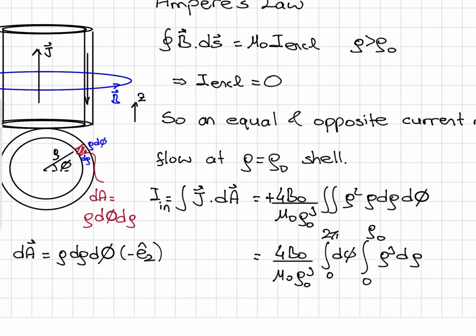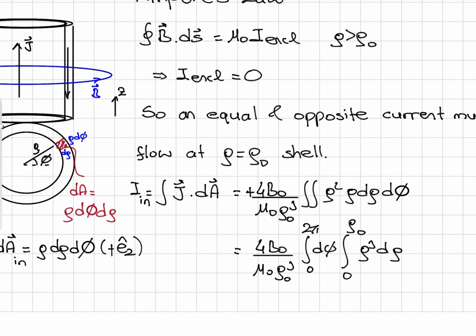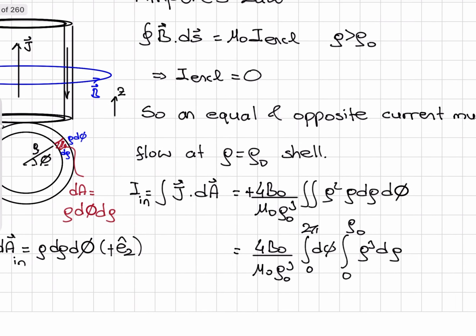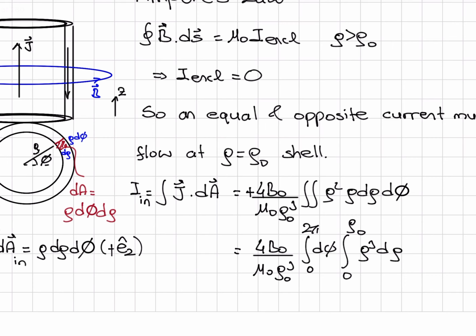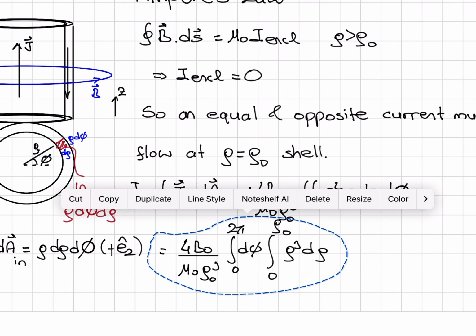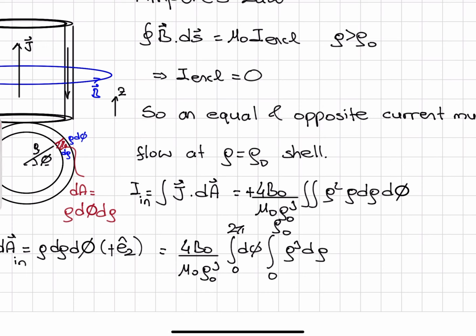If it's inside, then I would have an area vector in the plus EZ hat direction. And this is a fairly simple integral.